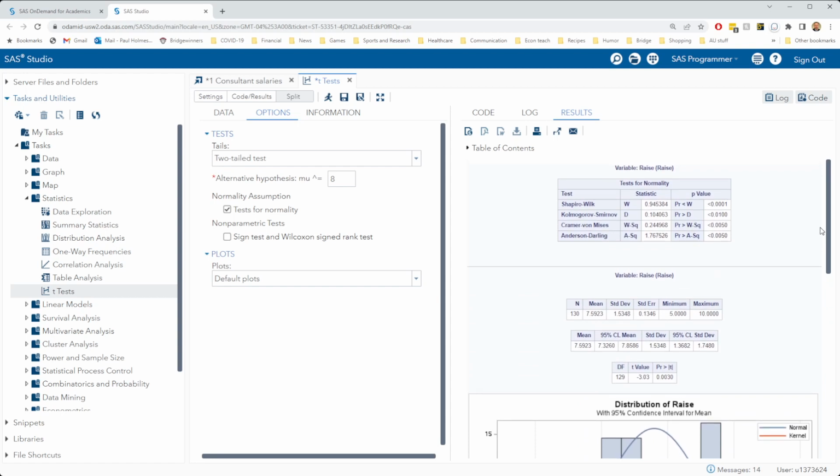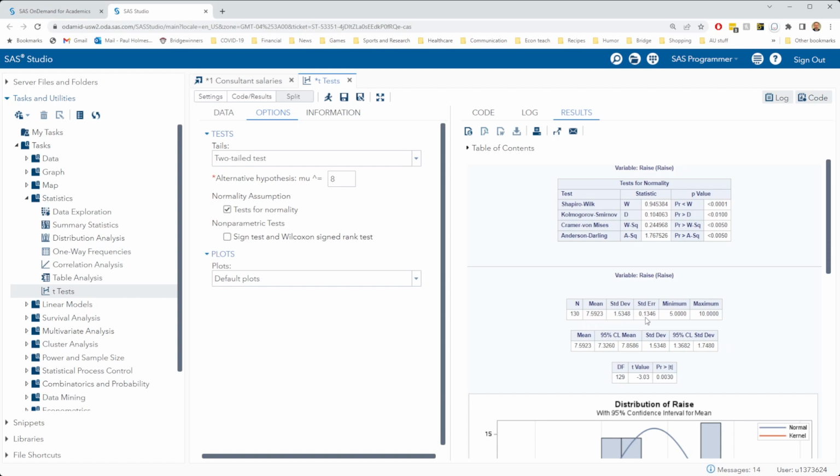What did we get as our average raise? We got an average raise of 7.59%. Well, that's less than 8, but is it far enough less than 8 that we should disbelieve that the true average raise is equal to 8%? That's what our p-value is going to tell us. So as we work through here, we've got a mean of 7.59.